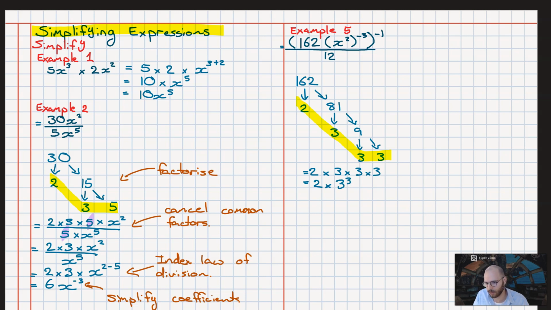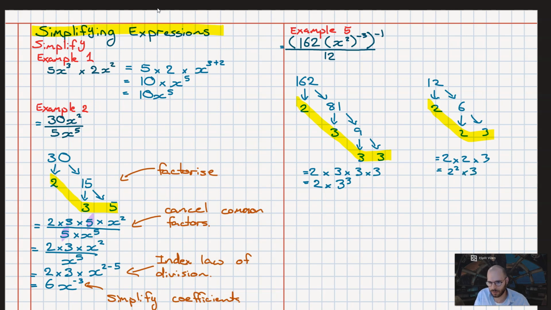Now for 12, factors of 12 are 2 and 6, and then 2 and 3. So this will be simplified down to 2 times 2 times 3, and we can write that as 2 squared times 3.